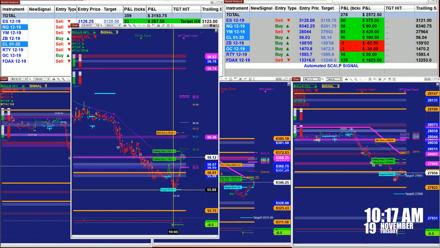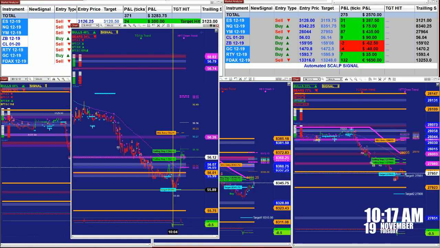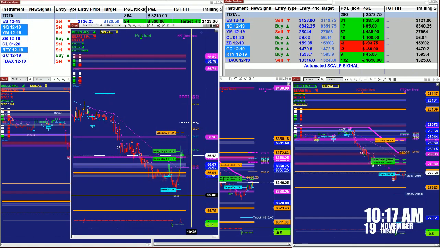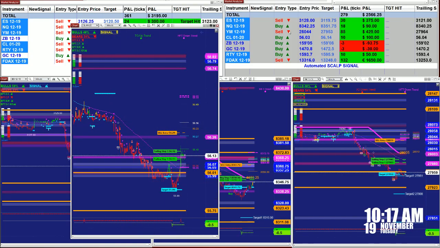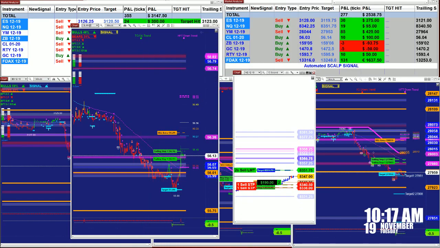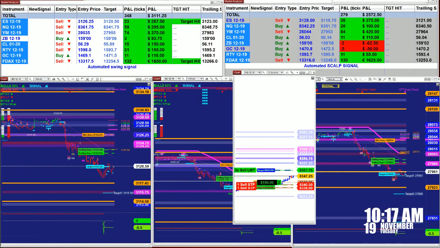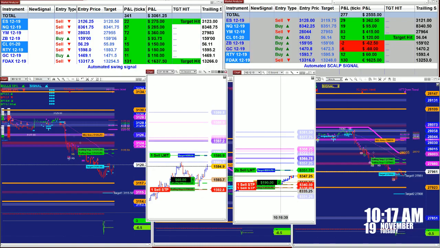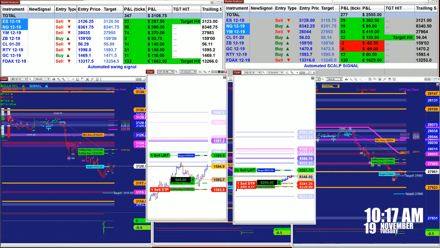There is no longer a short trade on the CL because the CL has already spiked the market. For the ones that just followed the new signal on the scalper, you are about to close those trades on the Russell and the Nasdaq.